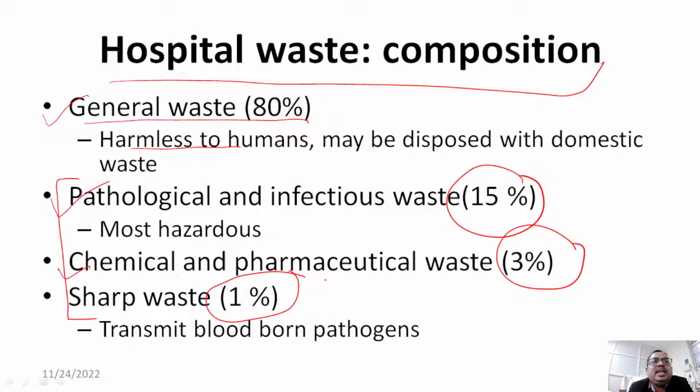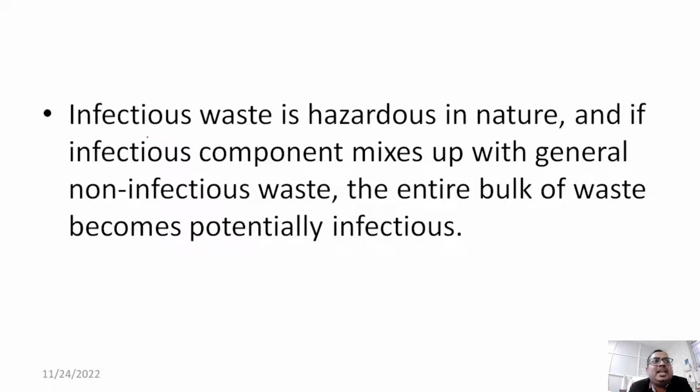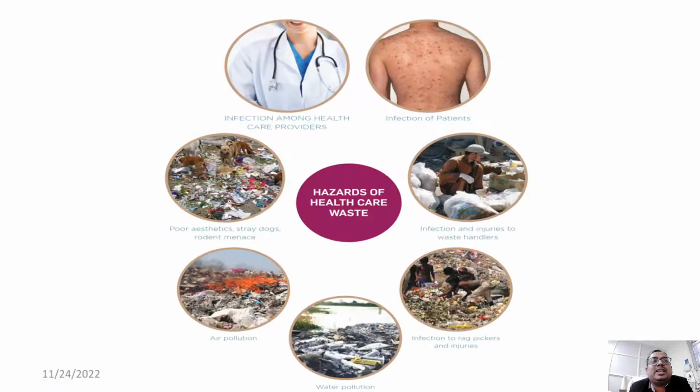So you can see that the majority of the waste is general waste, but although it is non-infectious, when it is mixed with a small portion, that is 20% of infectious waste, the entire component, that is 100% of waste, will become infectious. So it is important to segregate waste.